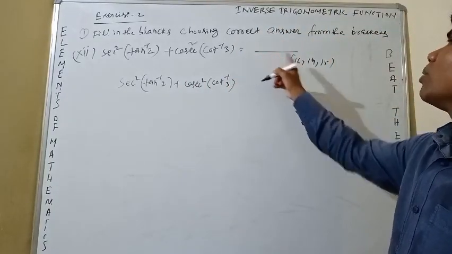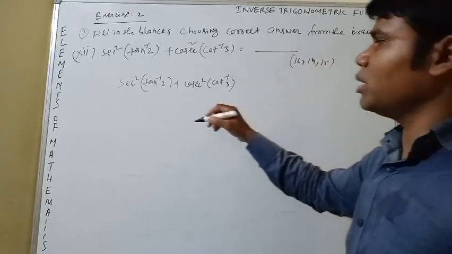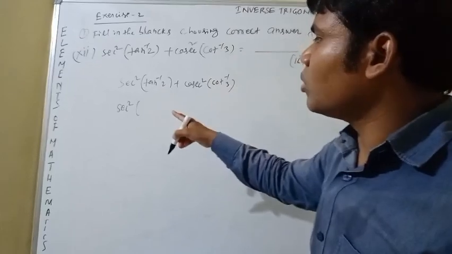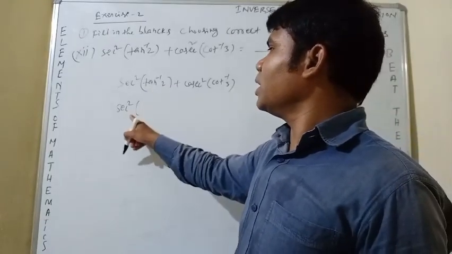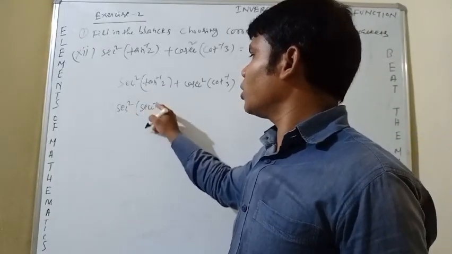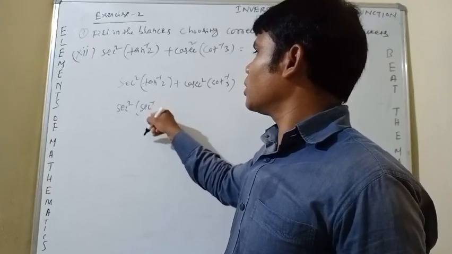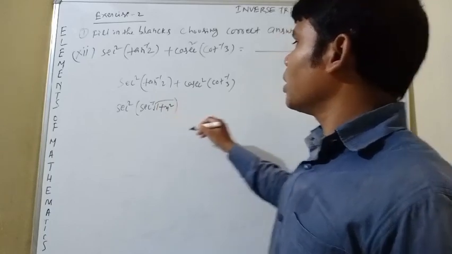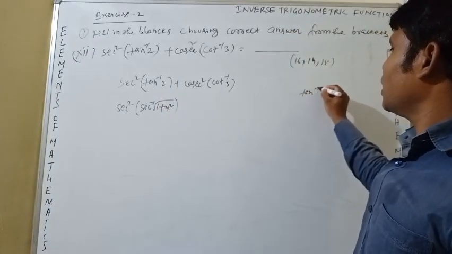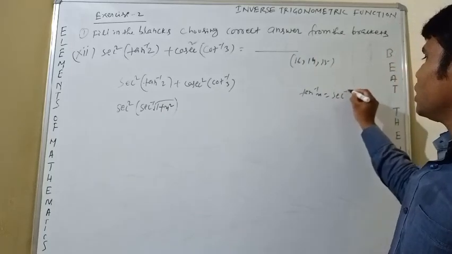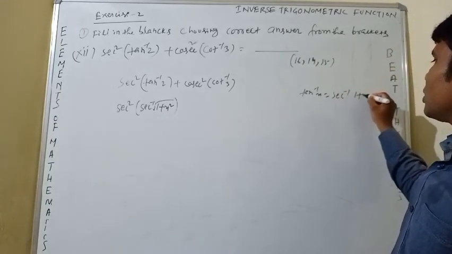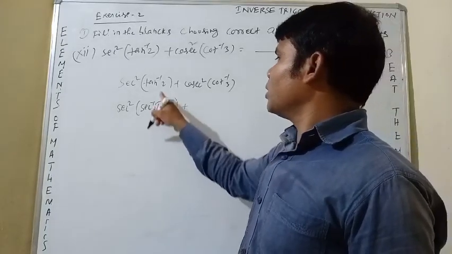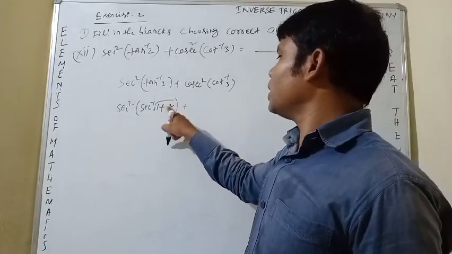You see, this is sec square tan inverse 2. I can express it in sec inverse. You see, tan inverse x is equal to sec inverse root over 1 plus x square. So it is 1 plus x square, with x equal to 2 given, that is 2 square.